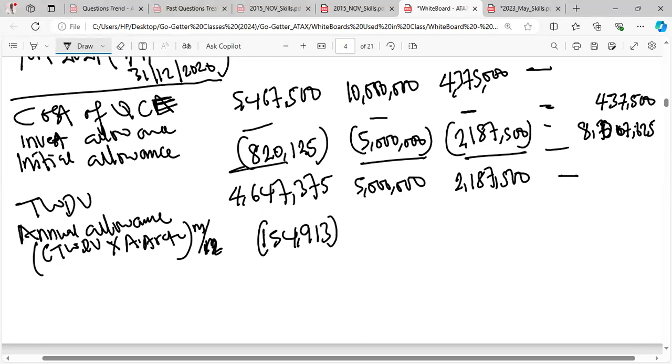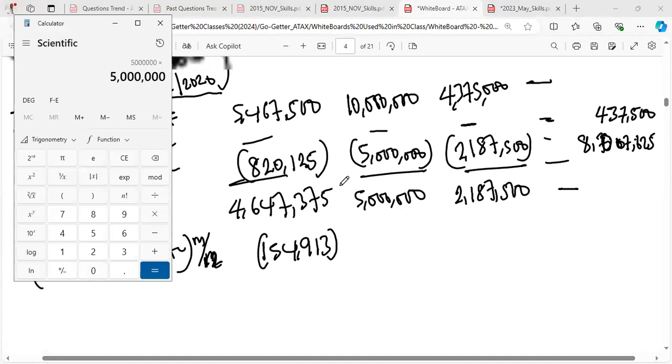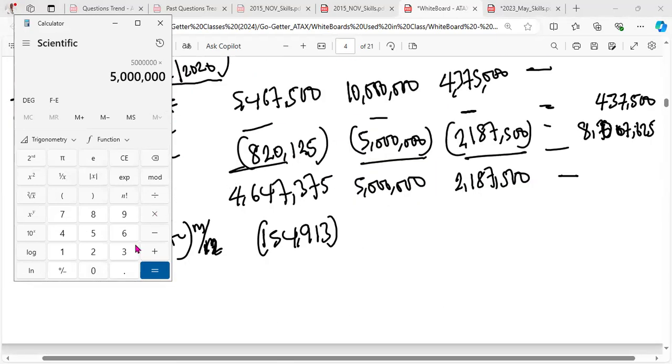The same thing we are going to do here. We have 5 million multiplied by the annual allowance rate, which is 25%, so times 0.25, which is as good as saying divided by 4 years, that's 1,250,000.